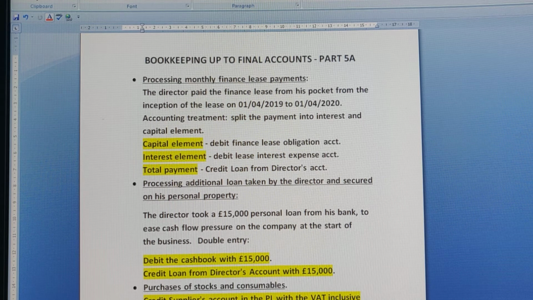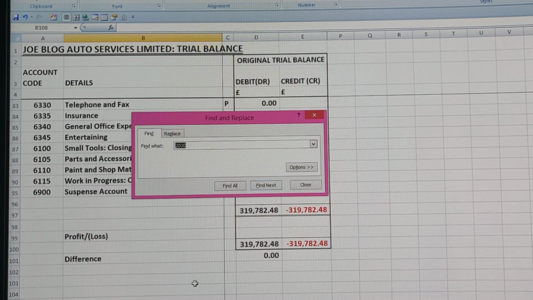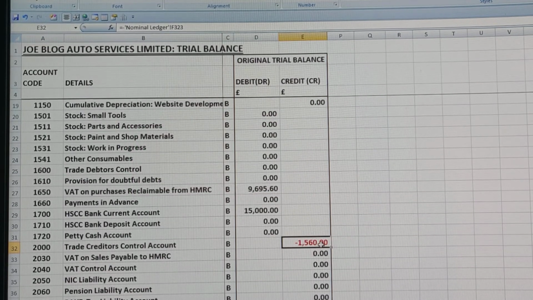The VAT that is reclaimable, which is your current asset, you debit to the VAT reclaimable account. Now, the total amount including VAT should be credited to the trade creditors control account. If you do that, then your nominal ledger, that is the trade creditors control account, which is what we have here, will reflect a balance of 2,000, a balance that agrees with your purchase ledger balance.